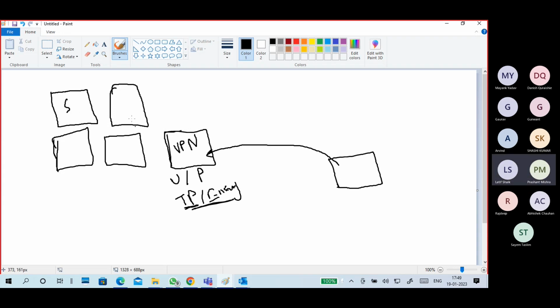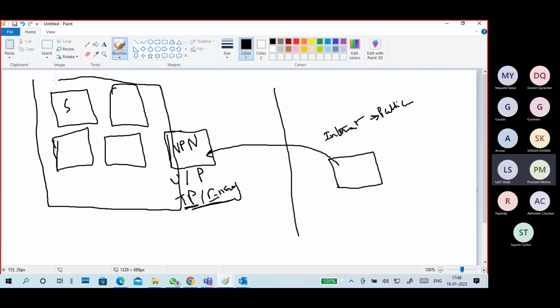You connect to these devices as if from a local machine, but you are outside, not in the same place as the organization, not geographically in the same office. You can connect through the internet. The internet is a public network. I can't put all my infrastructure on it.